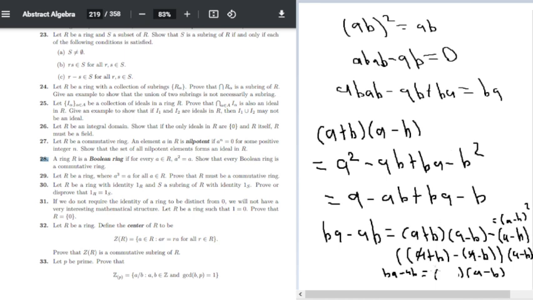Actually, let me write it as this. So b plus b. Okay. Pull back my screen a little bit.